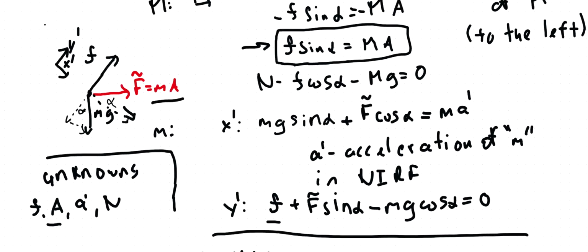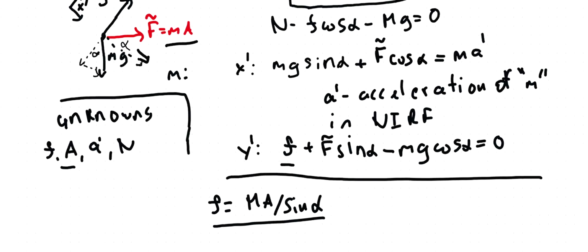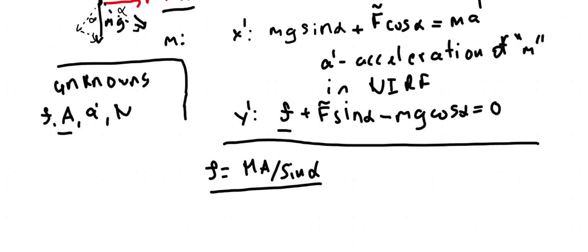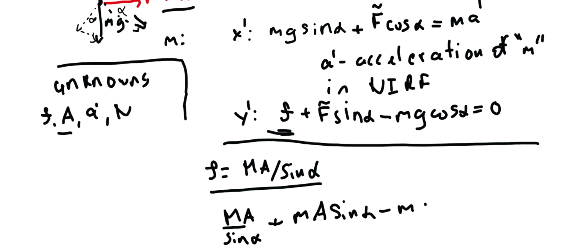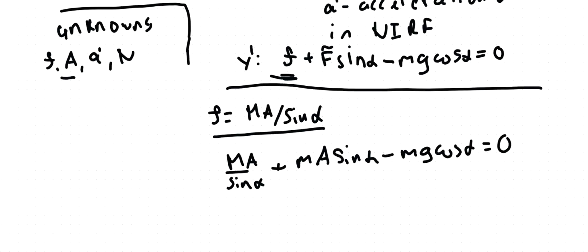Then I get one equation for A. So I can write, first of all, ma divided by sine alpha, that's this F here, plus small m A sine alpha minus mg cosine alpha equals 0.